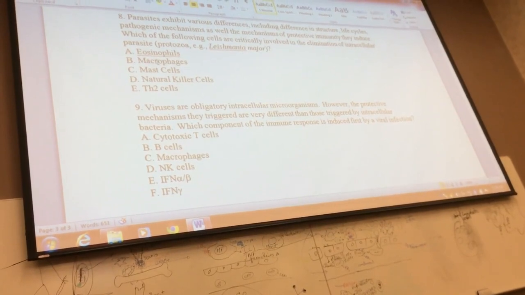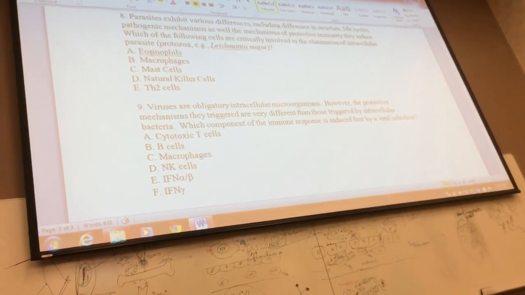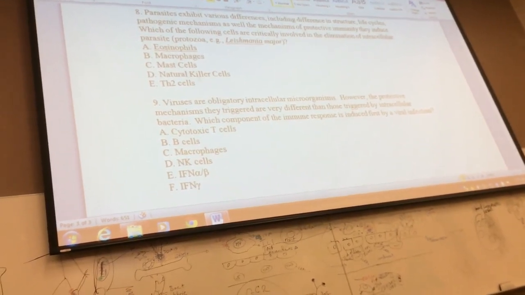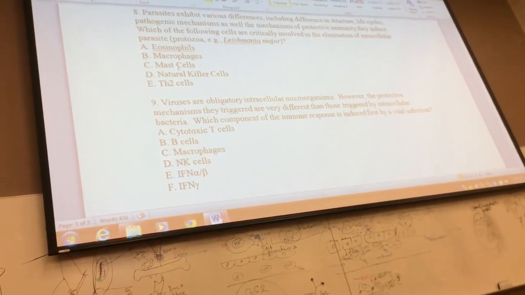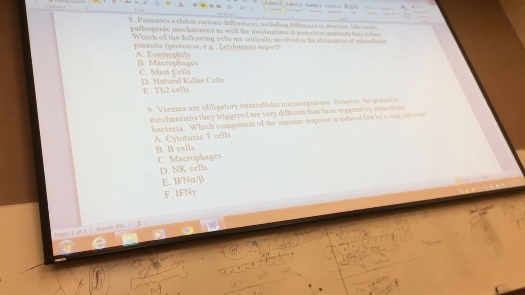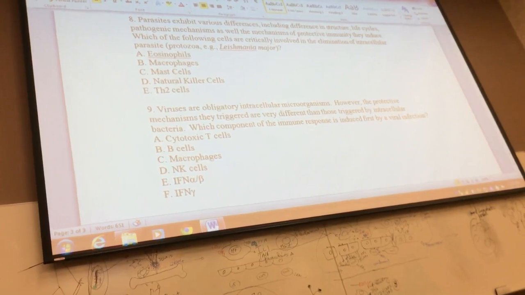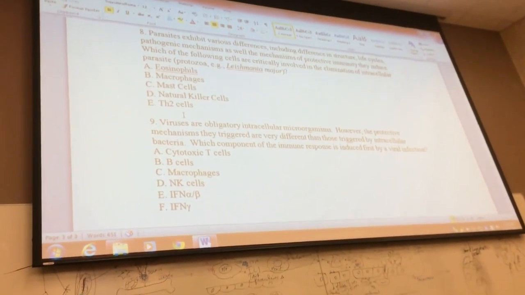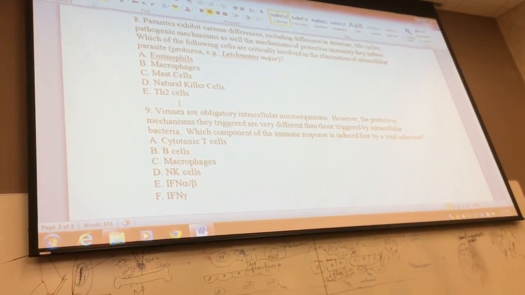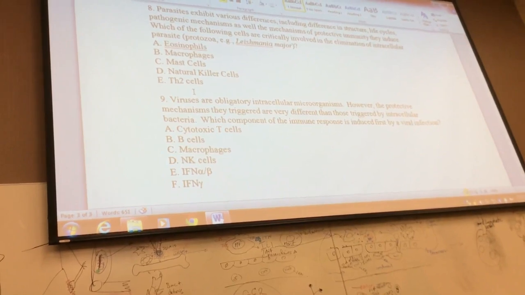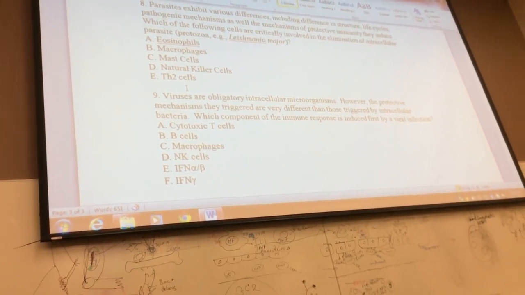So that would be, remember eosinophils, that's for elimination of extracellular parasites. Mast cells will be triggered to degranulate with elimination as well. Natural killer cells will have no real impact there, or Th2 cells. Again, you don't want Th2 cells for protozoa because that will inhibit macrophage activation.